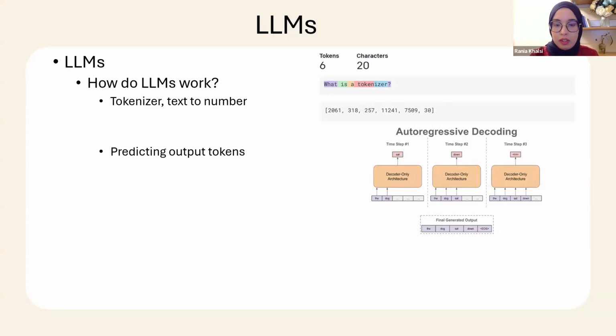Now during training, we have the step of selection, and the selection process is where we have a probability distribution over the possible next tokens.